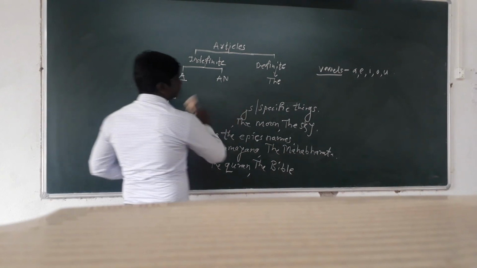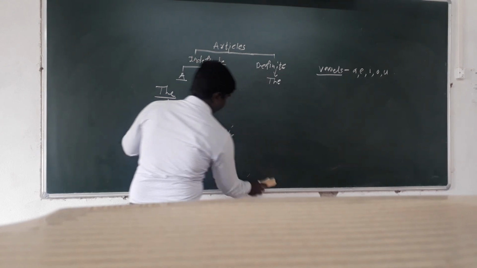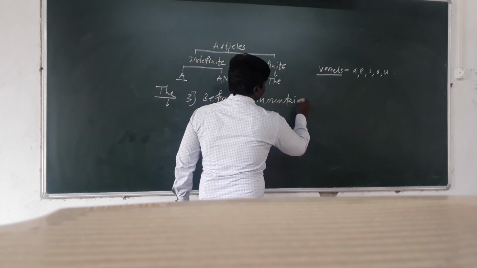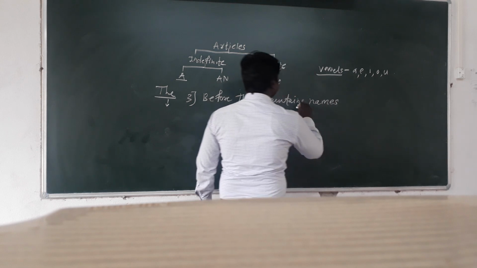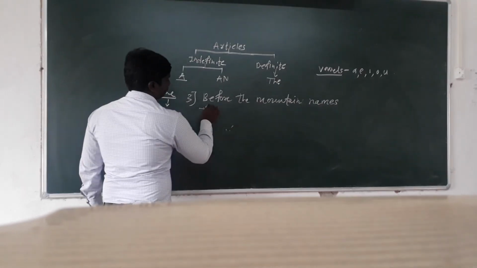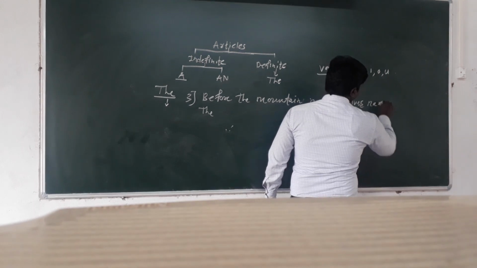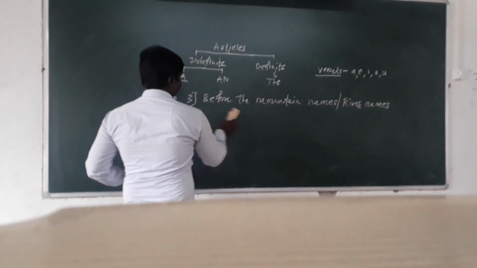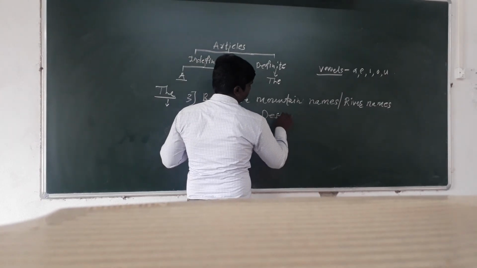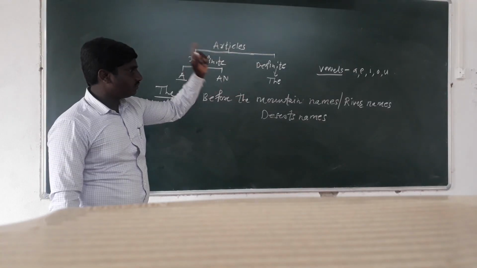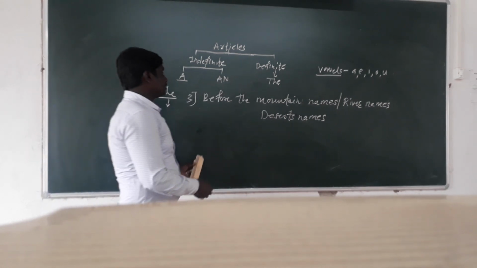So, rule number 3. Before the mountain names, river names, and desert names, we should use the article.